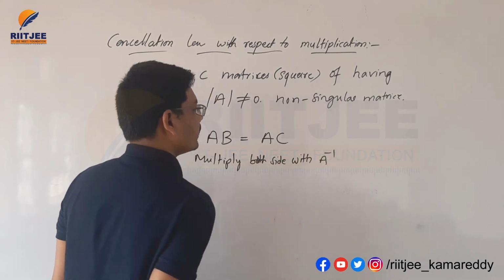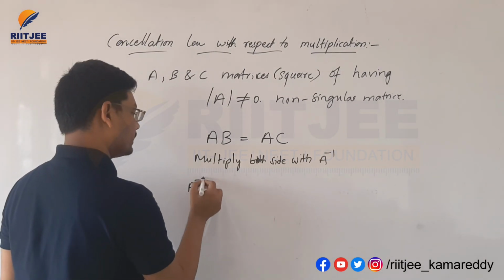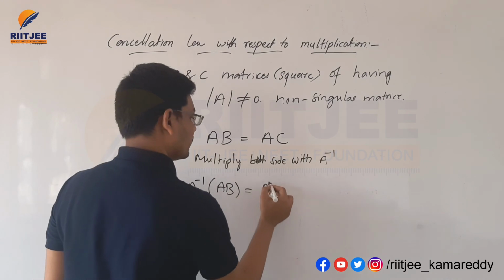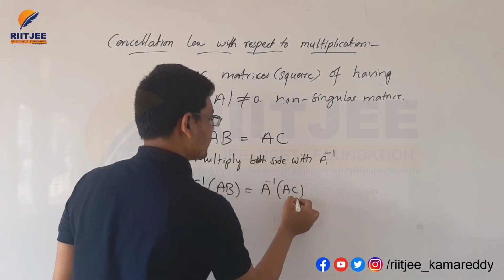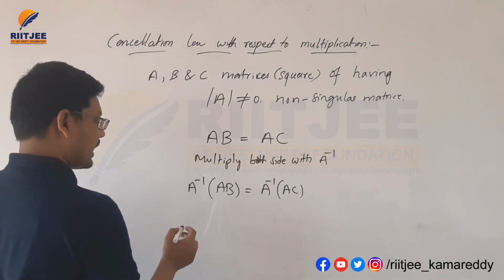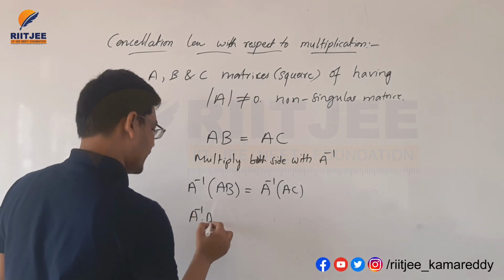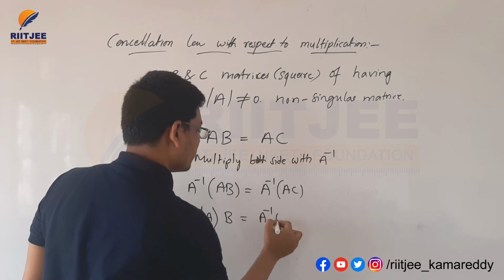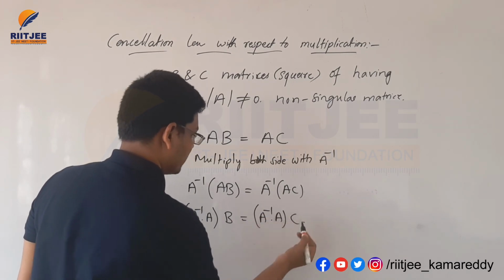If you multiply both sides by A inverse, A inverse of AB is equal to A inverse of AC. By the associative law, (A inverse A) B equals (A inverse A) C.